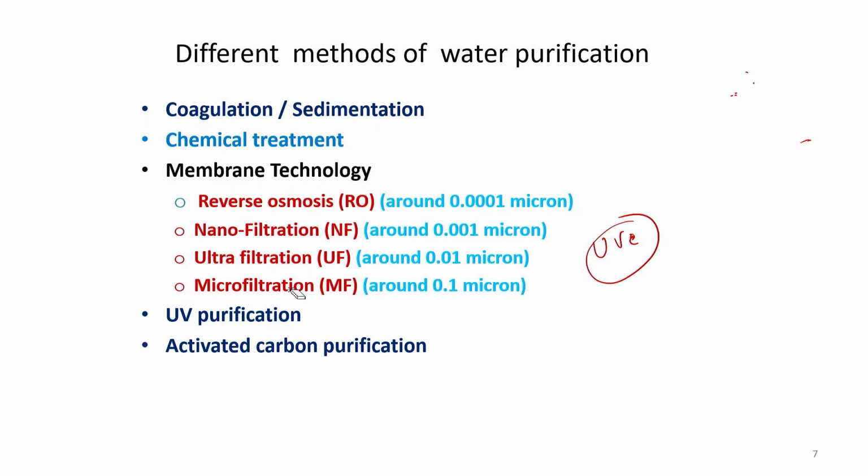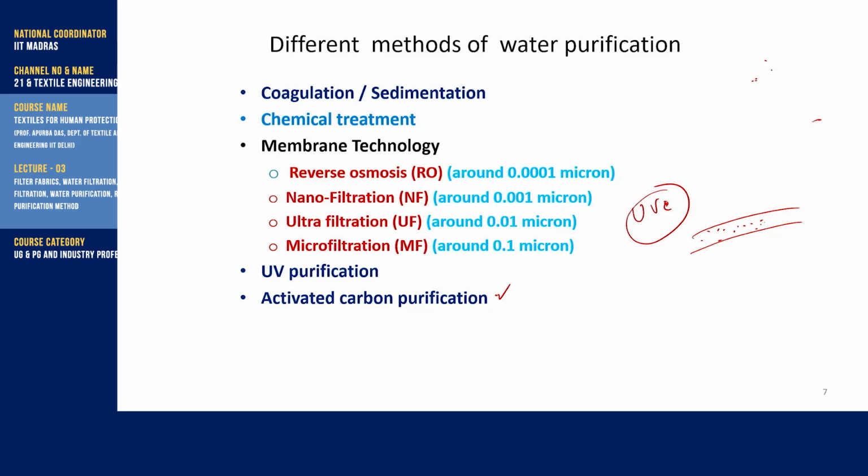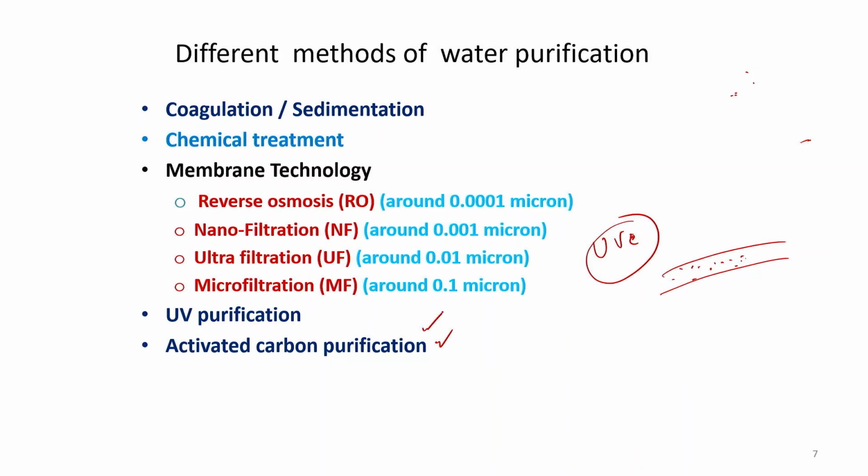And then activated carbon. So, activated carbon impregnated textile fabric is used widely for water purification, for absorbing the volatile components and removing the odor. So, this type of activated carbon is very common.